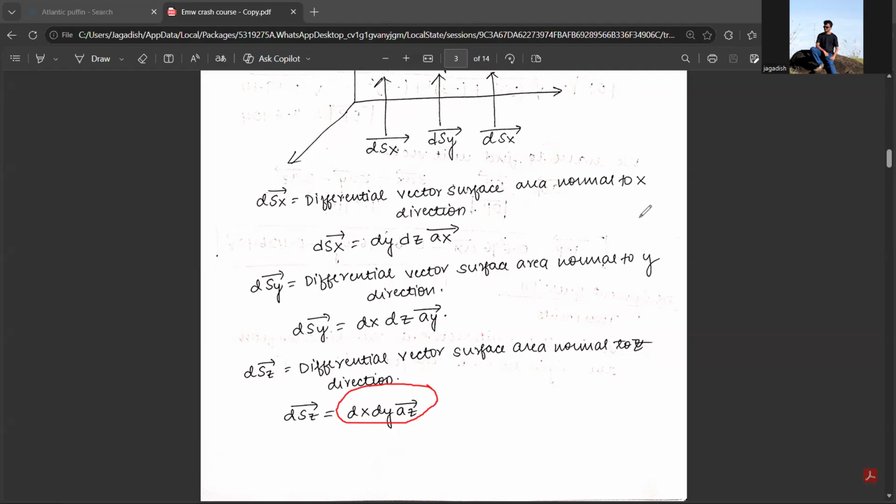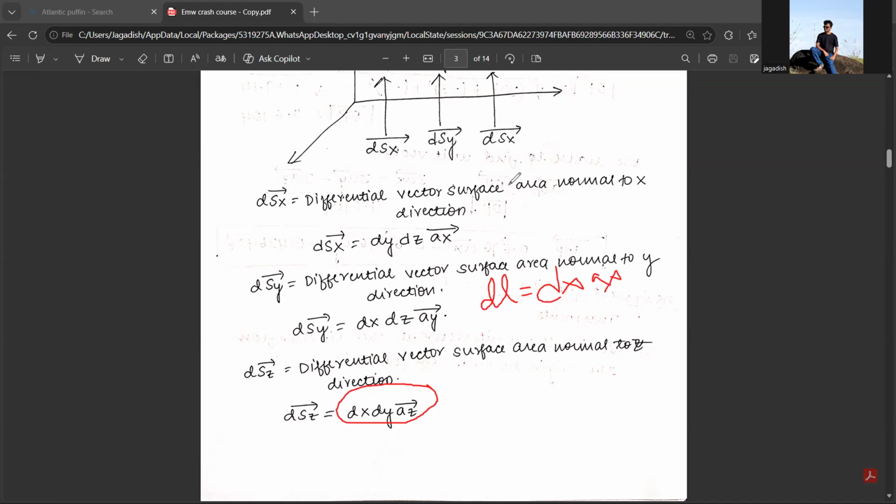Amit, can you tell what is the formula for differential length? So it is dx in ax direction plus dy in ay direction plus dz in az direction.